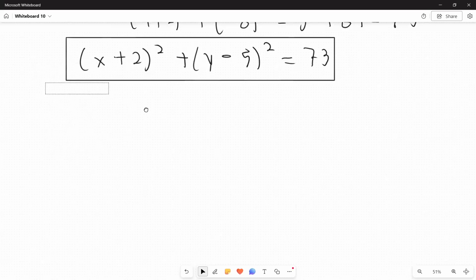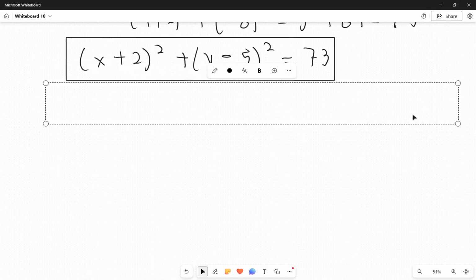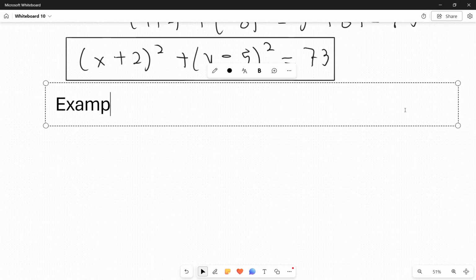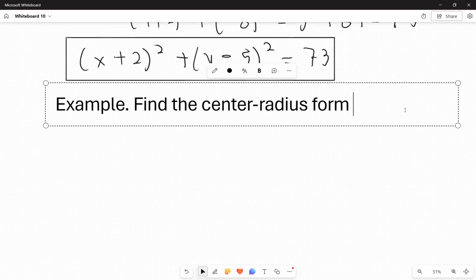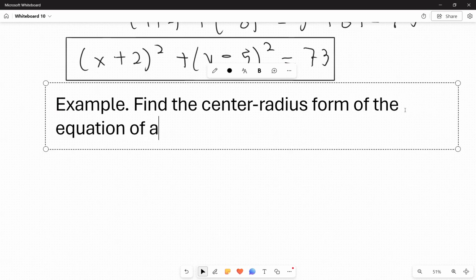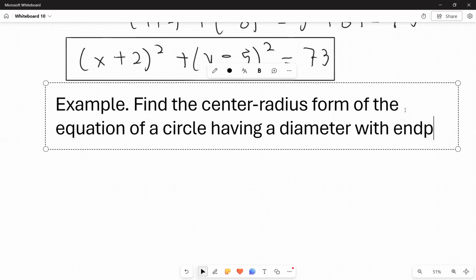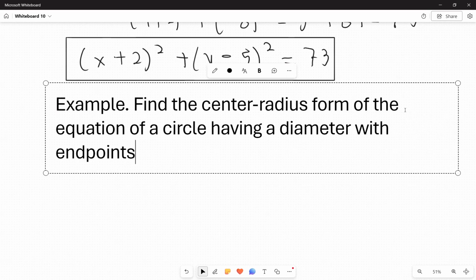We are going to find the center radius form of the equation of a circle having a diameter with endpoints 1, -2, and 9, 7.